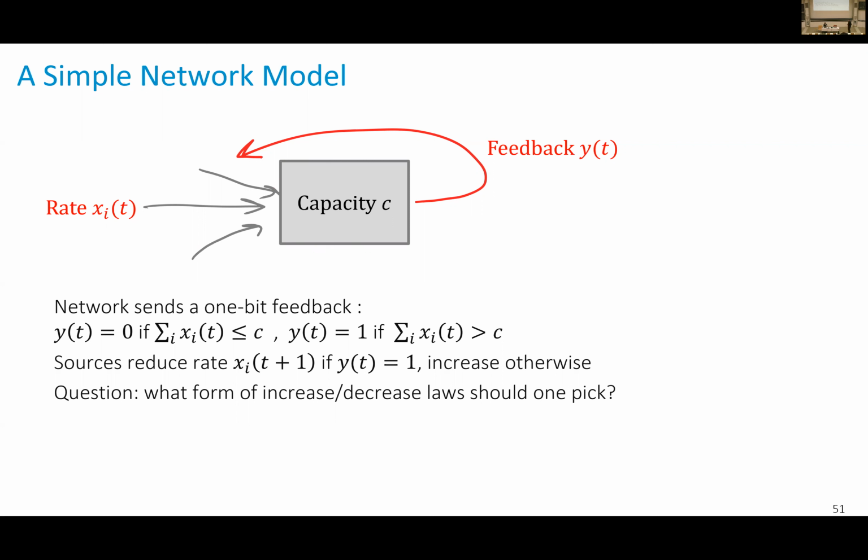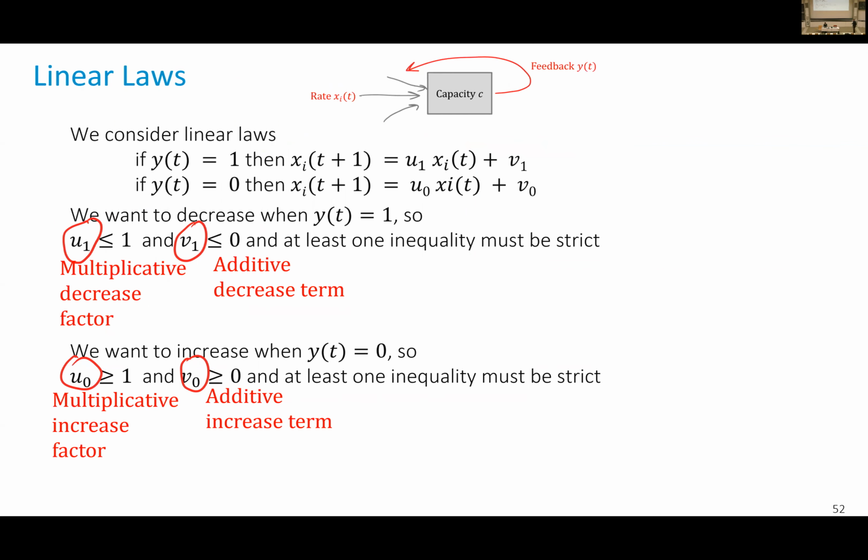This is the sequence that leads to the control of the internet primarily. The question that comes is, so we understand now that we will have a local control that reacts to feedback by increasing or decreasing, and what increase or decrease law should we use?